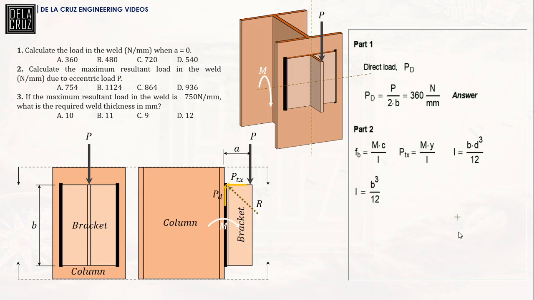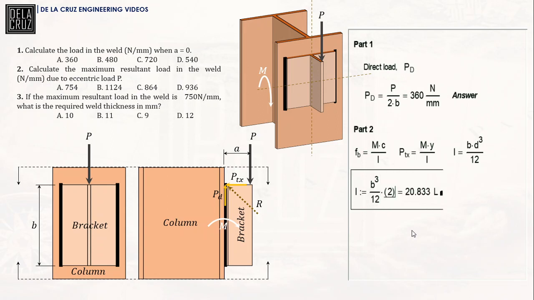Again, don't misinterpret the variables here. B here denotes the base, so basically our base will be per mm of our weld. The D here is the depth of the considered weld. The depth there is the B. I hope that is clear, no? And take note that there are two of them, so we multiply that by 2.